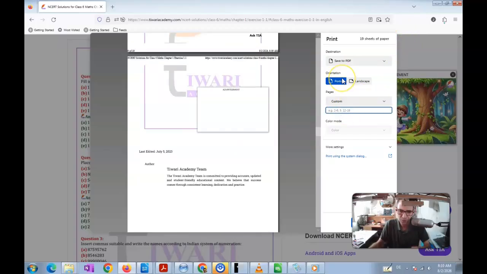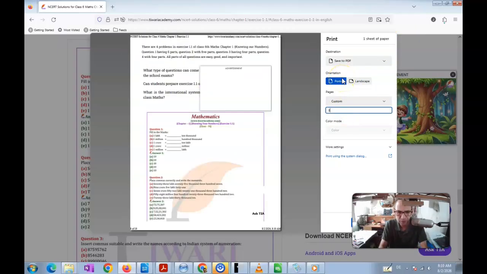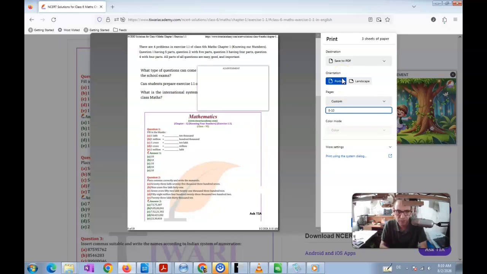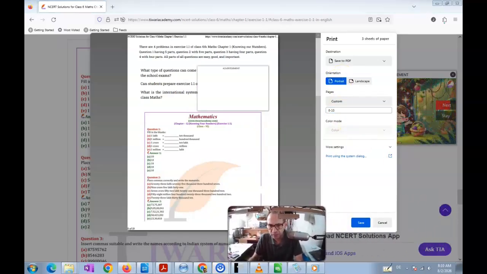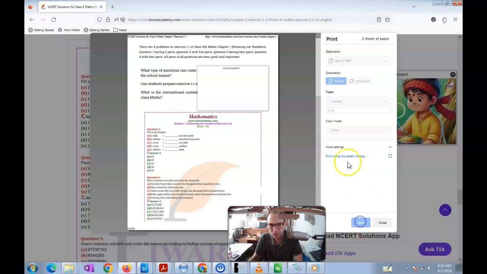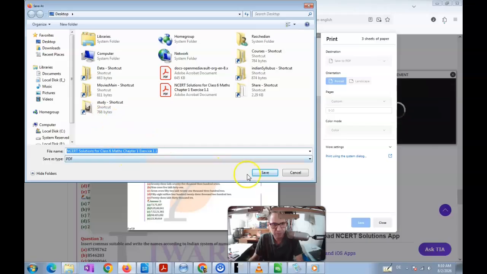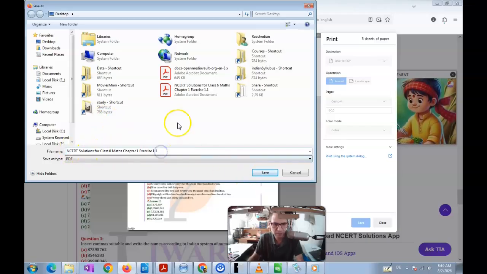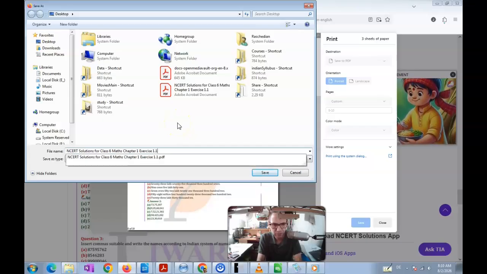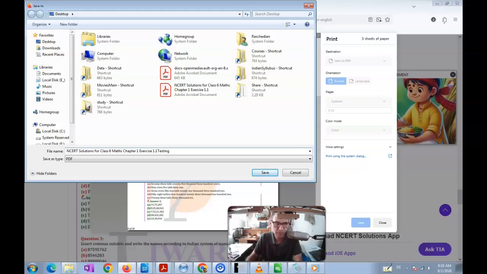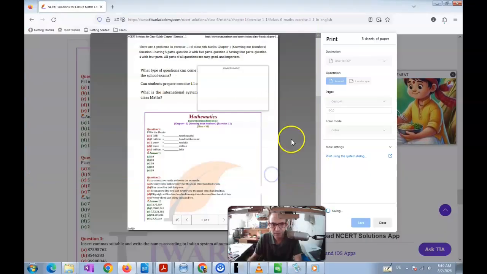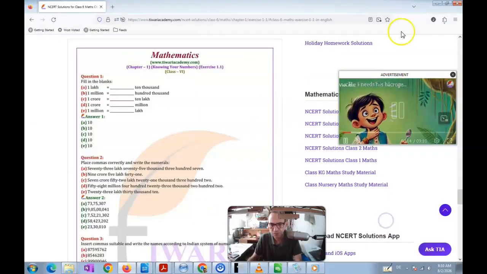So I go over here and write page 8 dash 10, and then I can save this somewhere on my computer, for example on the desktop as NCERT solutions for class mathematics, and then I say testing, right, and then test it, and then put that on the website.